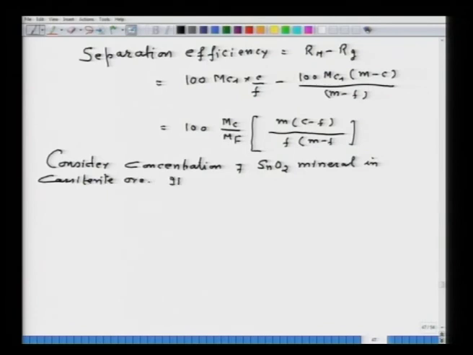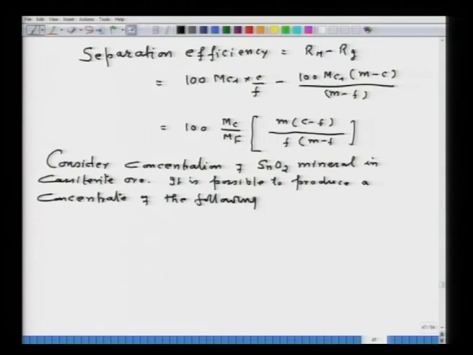Now, it is possible to produce a concentrate of the following grade and recovery by utilizing different methods.